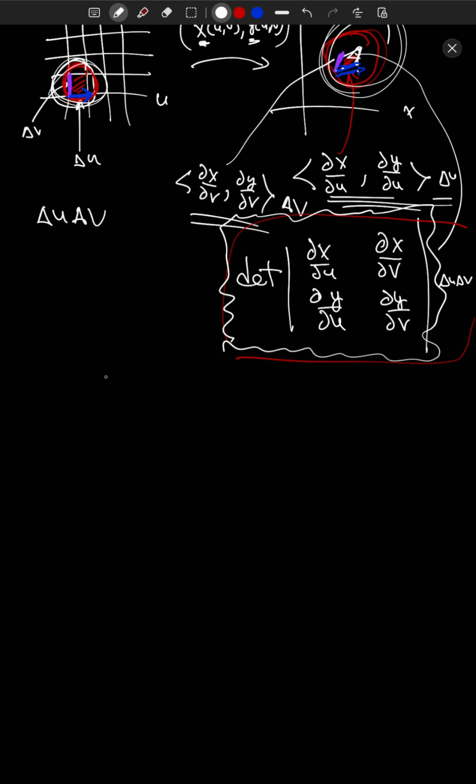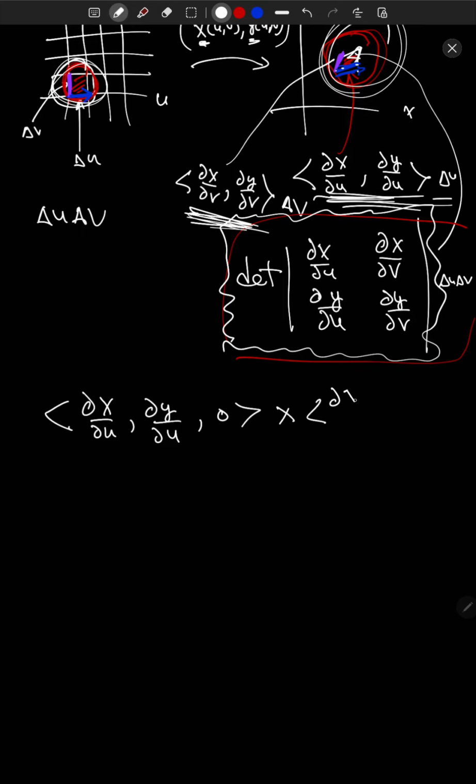Then we can think of these two vectors right here, dx du, dy du, and then dx dv, dy dv, as vectors in space, where just the third coordinate is 0, right? If I take the cross product of that, dx dv, dy dv, comma 0, right? This is the cross product, which we haven't looked at in a long time, but here's where we start to use it.